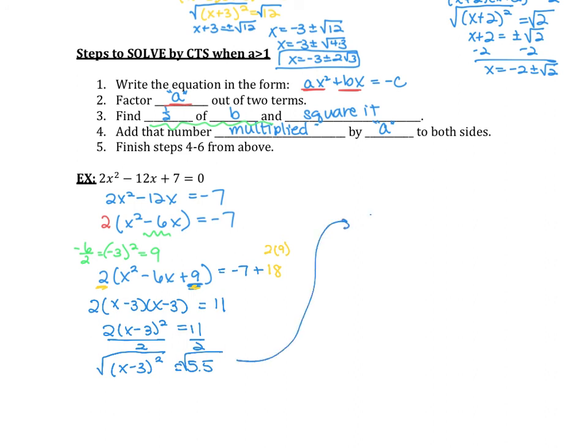And remember, when I square root both sides, we get plus or minus the square root of 5.5. And then I'm going to add 3 to both sides, so we get x equals 3 plus or minus the square root of 5.5. Okay, there's a quick tutorial on solving quadratics by completing the square.